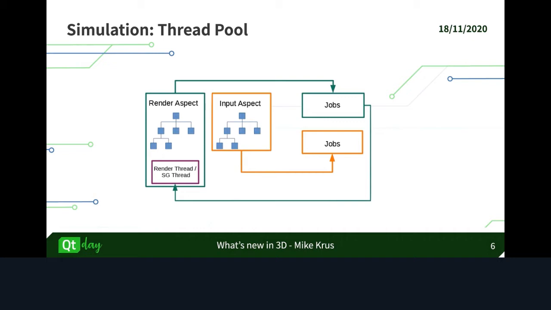For example, the render aspect might need to calculate bounding volumes, then it might need to calculate draw calls and so on, and the input aspect might do other work. The animation aspect will progress animations and so on. All these jobs are executed in a thread pool using Qt's thread pool mechanism.